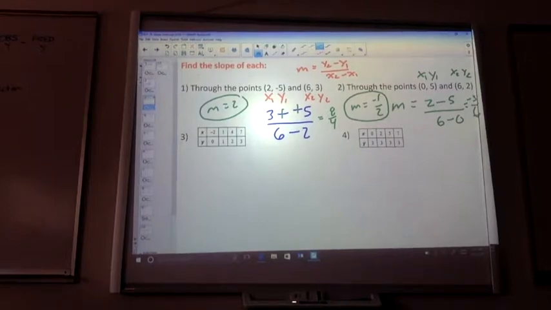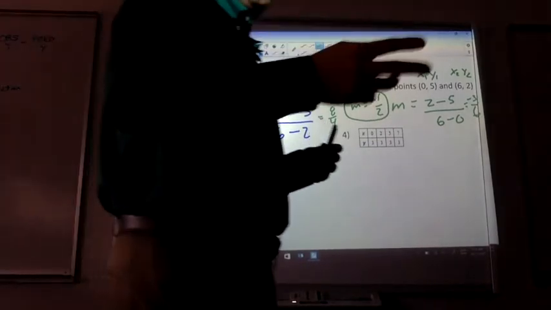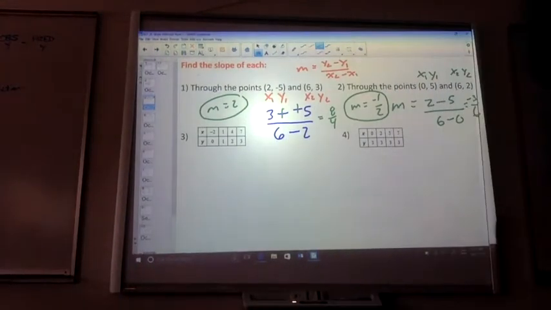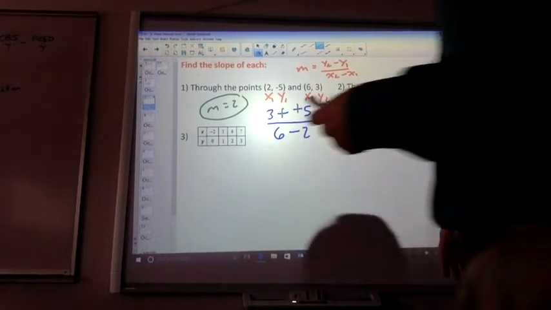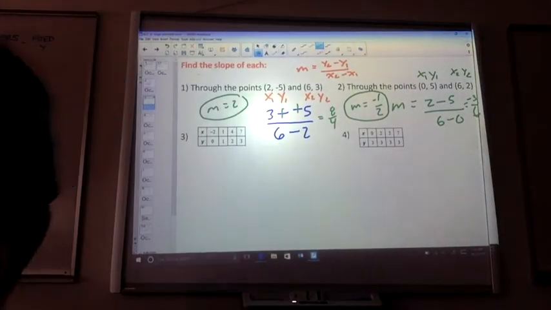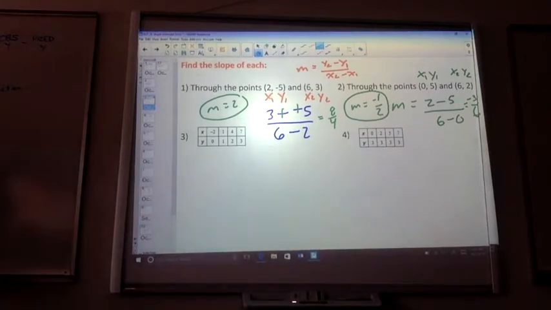Meaning is one positive and one negative. They are flipovers, and are they opposite sign flipovers? Yes. So if you have opposite signed reciprocals of slopes, that means that these would be perpendicular lines. Okay, we just coincidentally had them like that, but perpendicular lines have negative reciprocal slopes.